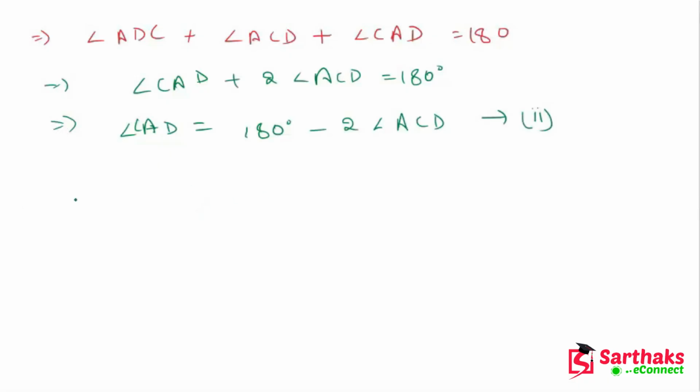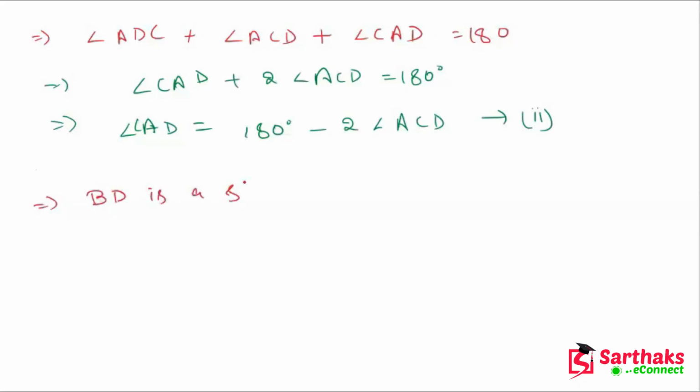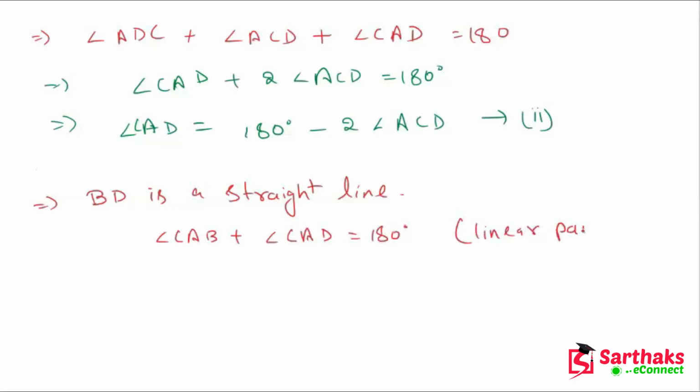Since BD is a straight line, angle CAB plus angle CAD equals 180 degrees, which is a linear pair.